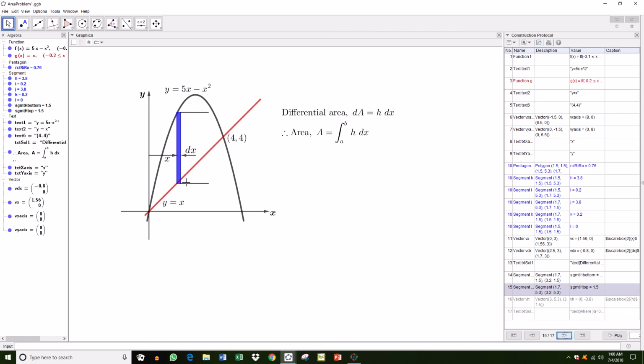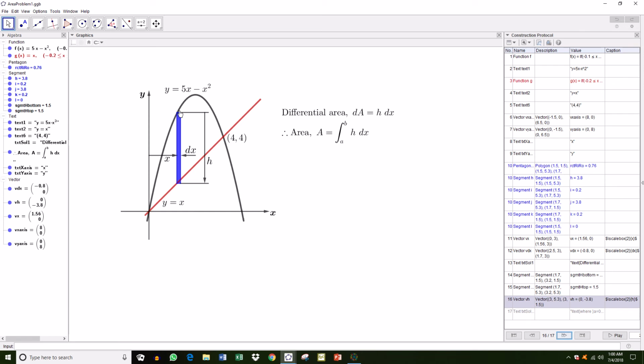That is h. Since the measurement is being done in a vertical direction, if you want to get a positive value for h, you should take the y value at the top, and from it, subtract the y value at the bottom. That is the key.